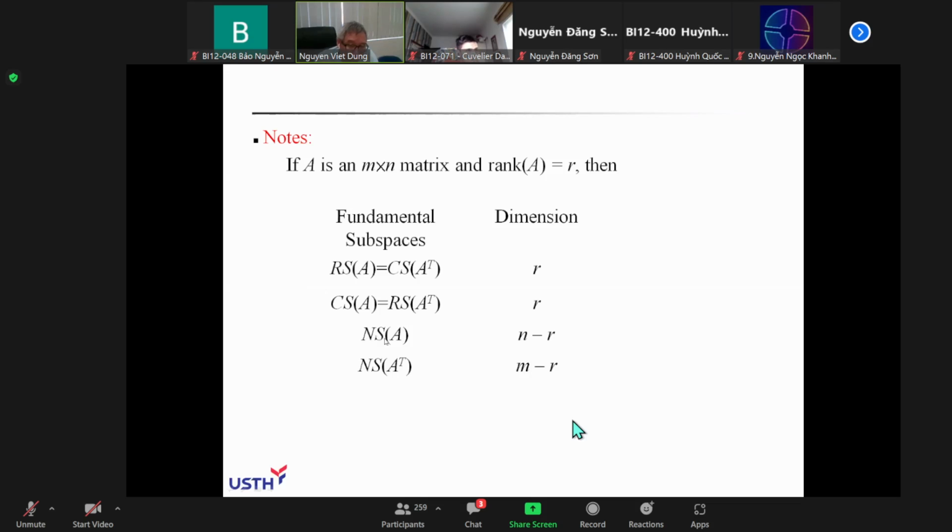So from the null space to the left null space, there is only one change: we change from n into m, because when we take the transpose, the number of columns of A transpose is exactly m, the number of rows of A. That is the one thing that changes here, so it is not so difficult to remember the dimensions of those fundamental subspaces.